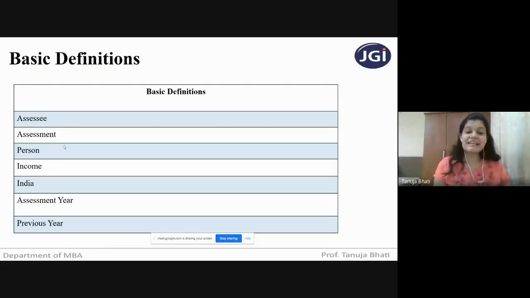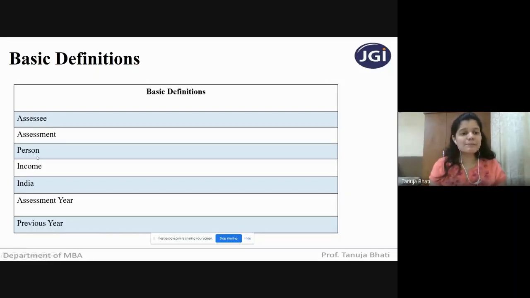In that income tax office, there are different assessing officers who determine or check whether the tax paid by the SSC is correct or not. So assessment is nothing but the procedure followed by the assessing officer to determine whether the calculation of income done by the SSC is correct or not.